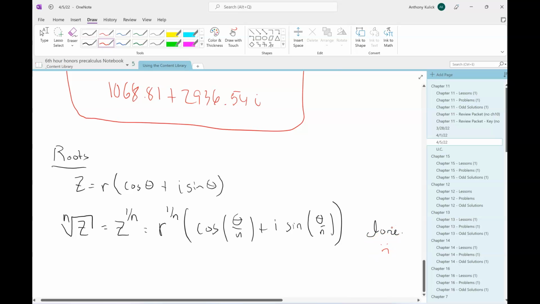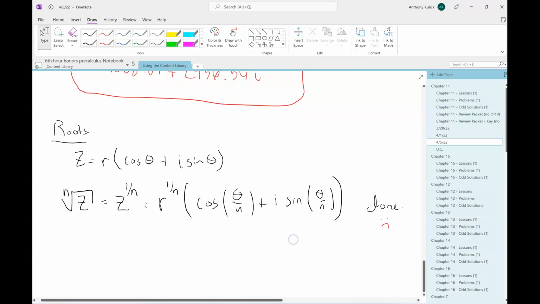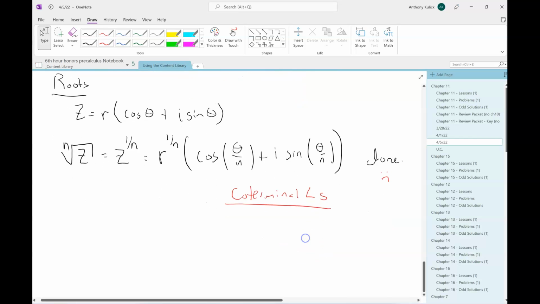Not quite. Not quite. What are we missing? We need to account for coterminal angles.